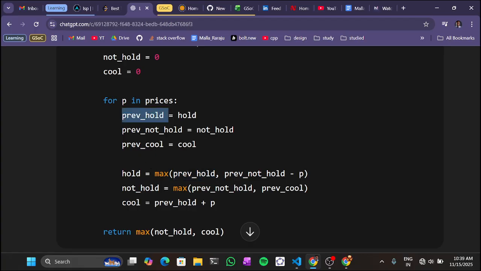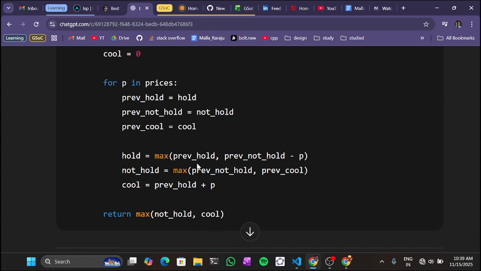If you are holding and we choose to skip, then the previous holding will be the same, but we want a maximum value, so we are checking these two: the previous not holding minus the current price. So this is the skipping part.